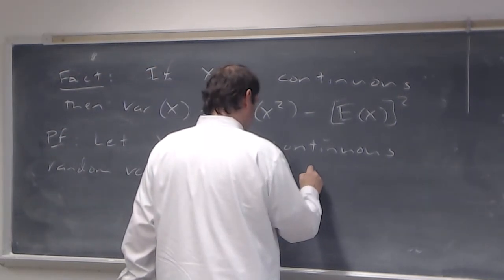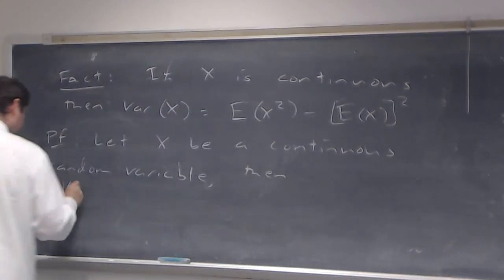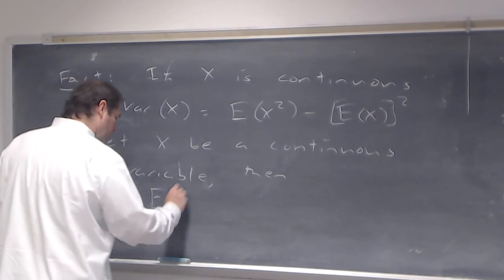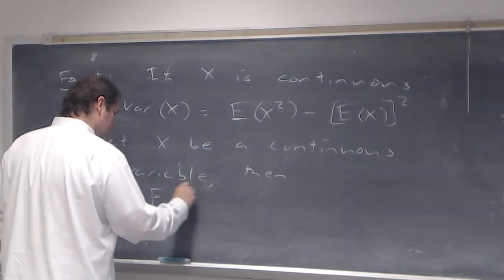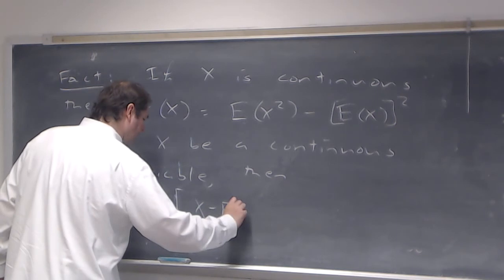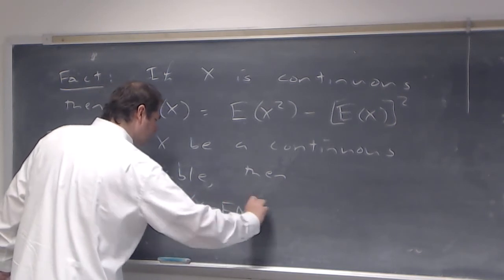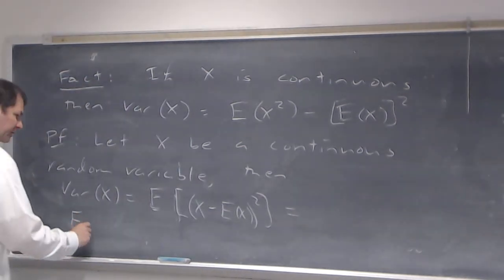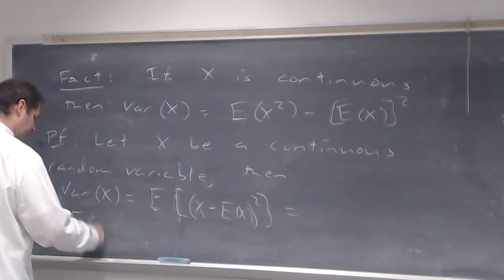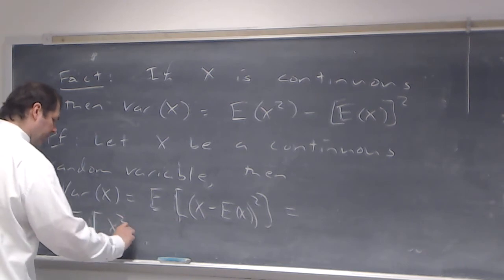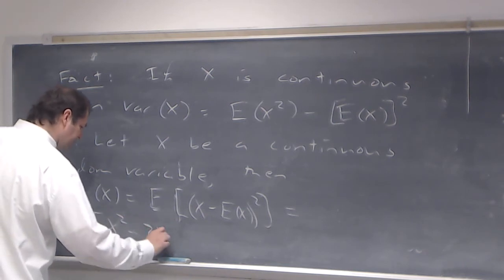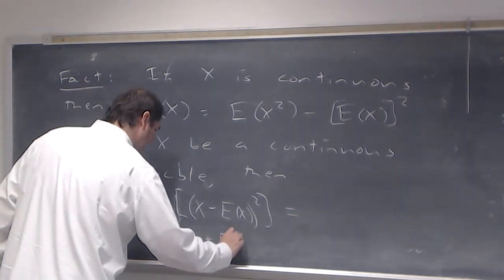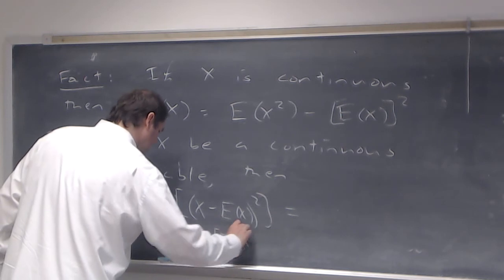Then the variance of x equals the expected value of the quantity x minus the expected value of x, squared, which will be equal to the expected value of the quantity x squared minus 2 times x times the expected value of x, plus the expected value of x, squared.